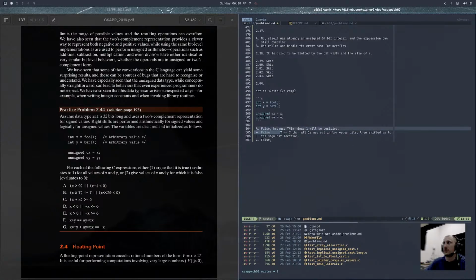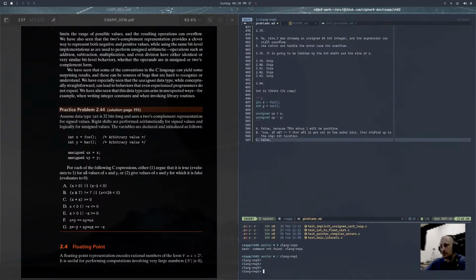Say false here. If we just do a clang REPL here, and we do pound include stdio.h, printf %d, new line, we'll say int32_t.